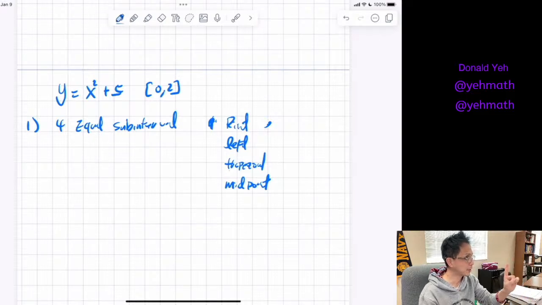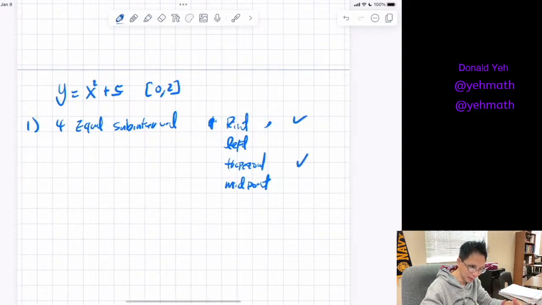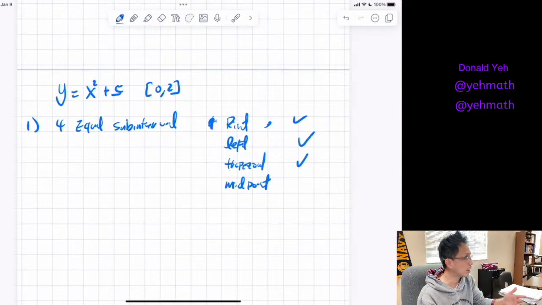And you have to understand over or under approximation on this. Midpoint is really hard to tell whether it's over or under, but right, left, and trapezoid you can tell whether they are over or under. In this case, is the trapezoid over or under?